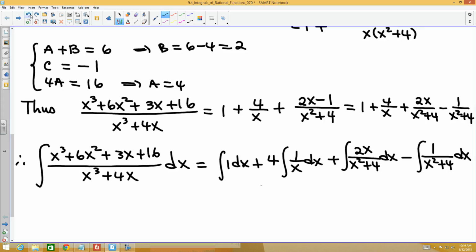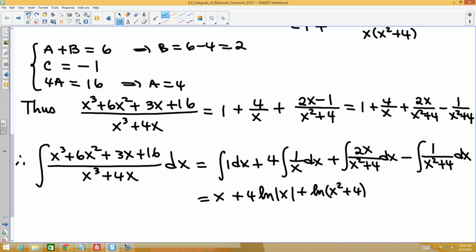The integral of 1 is obvious, it is x. The integral of 1 over x is ln of x, and the integral of 2x over x squared plus 4 is ln of x squared plus 4. And the integral of 1 over x squared plus 4: remember, if you take the derivative of arctangent of x over a, it gives you a squared over a squared plus x squared.